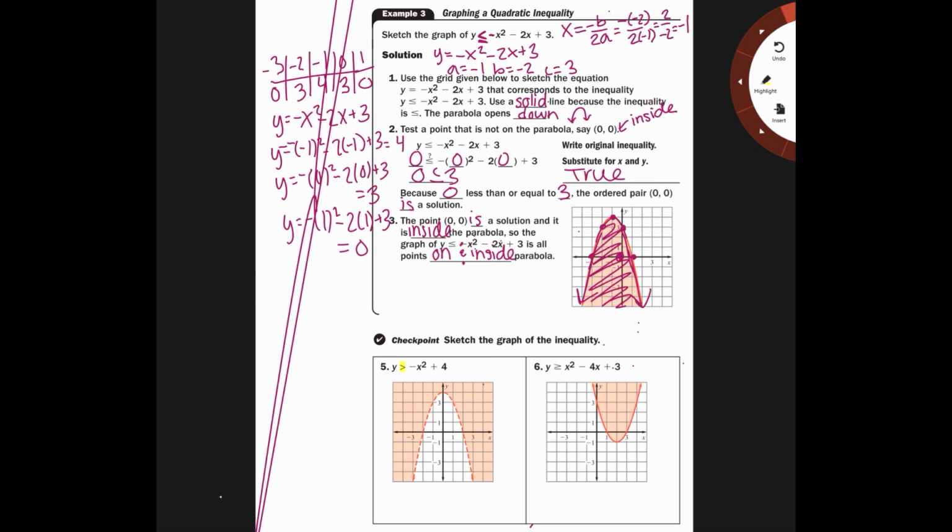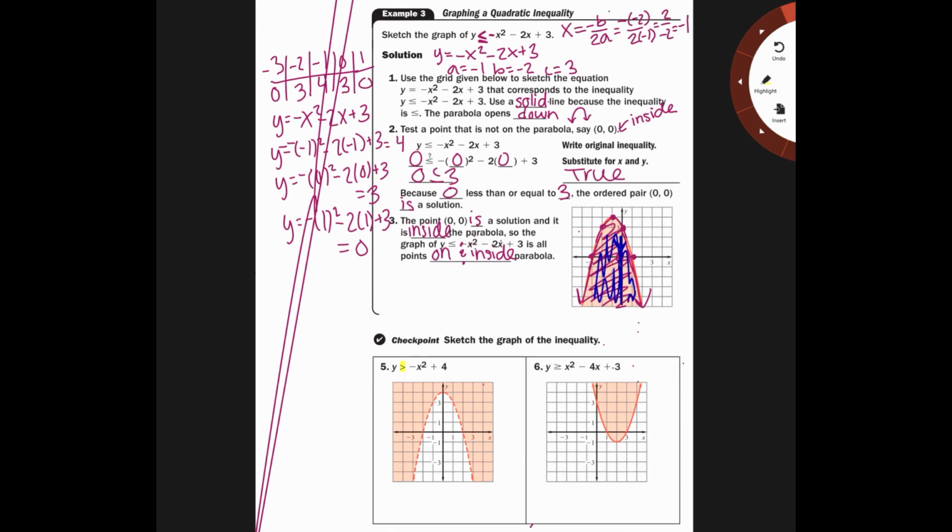So I go to my y line and I go to less than. Well, I know less than is down. All the y's that are less than or smaller than are going down. So I have to shade down, which means I'm shading on the inside. That's how I reason through it. So whichever way makes sense to you, either way, you shade it inside.